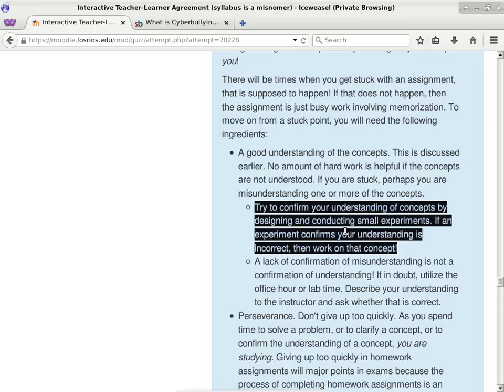You spend about 5 minutes, write a 7-line program just to test that concept. If it works out the way you think, you have confirmation that you are probably right. But if it doesn't work the way you think it should, then you have confirmation that, oops, I think I got it wrong. Let me read the material again and see if I can understand it in a different way.